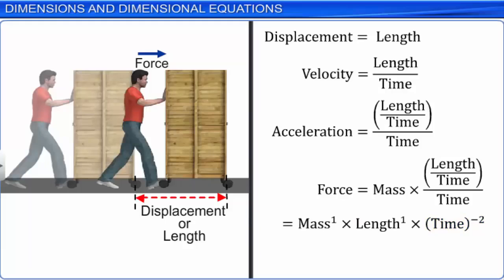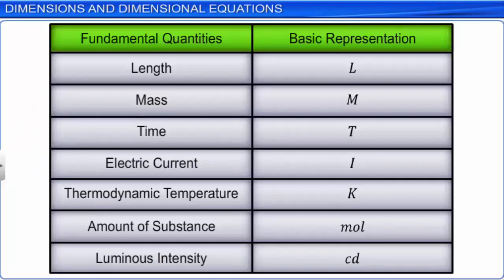For mass, we use M. Length is denoted by L, and time by T. The other 4 base quantities are represented by symbols of their SI units, namely electric current by I, thermodynamic temperature by K, amount of substance by mol, and luminous intensity by cd.